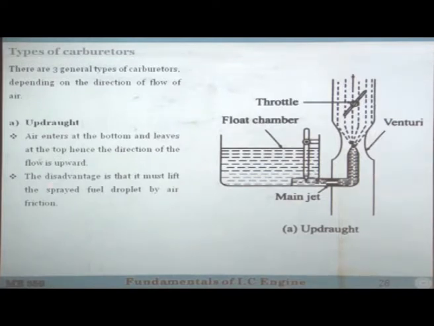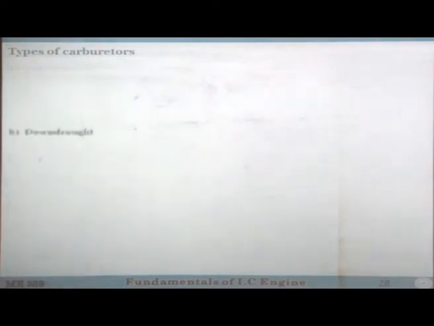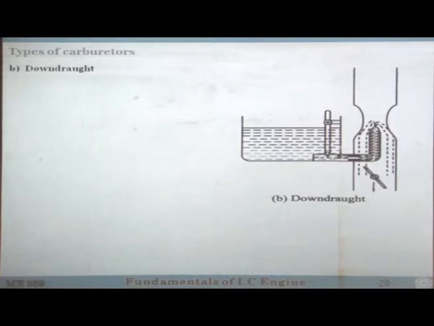The disadvantage of this is that it must lift the sprayed fuel droplets by air friction. So, the air has to move. So, this is the drawback. Second is downdraft. Downdraft is this, the fuel comes out, but the air direction is this type. So, here the droplets will move not only by friction, but also by gravity, okay.